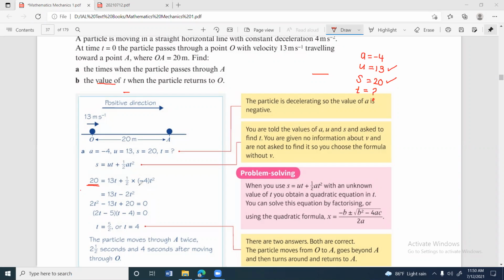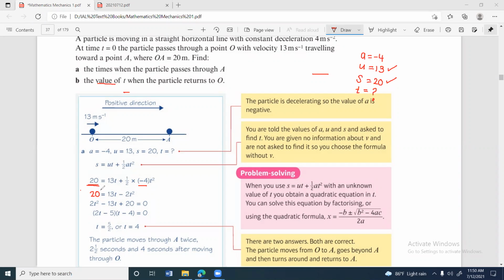Why is it minus 4? Because they specifically mention it's a deceleration. So minus 4 t squared. 20 equals 13t minus 4 into half, which is minus 2t squared.